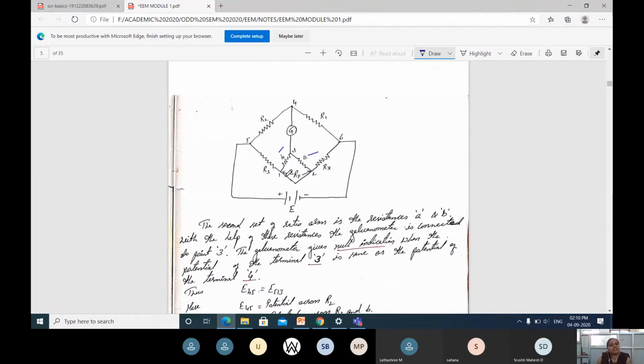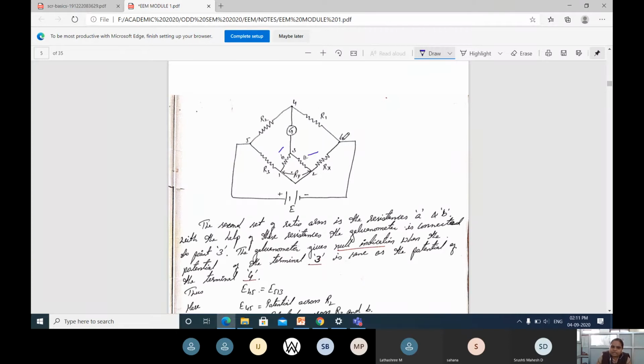Next, what to write for the theory of the design? First, the construction is as shown in the figure. Here the terminals are taken as 1, 2, 3, 4, 5 and 6. Six terminals are there, and across terminals 5 and 6 a battery or an EMF is connected, that is E. Then across terminals 5 and 4, R2 is connected, and between 4 and 6, R1.